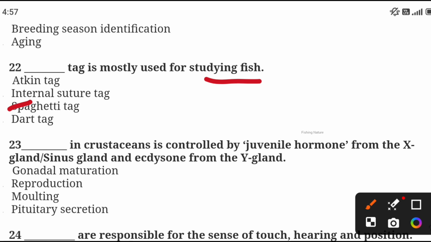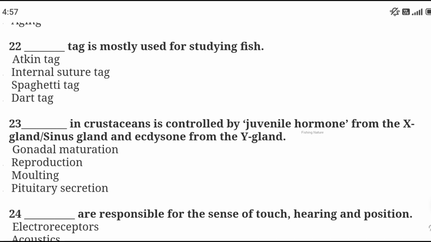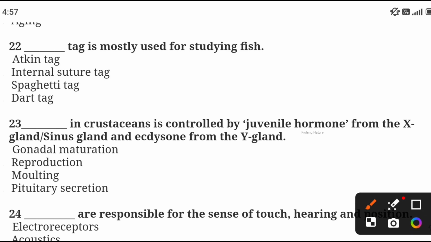Next, dash in crustaceans is controlled by the juvenile hormone from the X gland or sinus gland, and ecdysone from the Y gland: is it gonadal maturation, reproduction, molting, or pituitary secretion? It is molting that occurs in crustaceans. To replace the old exoskeleton, it is controlled by the Y gland and inhibited by the X gland hormones.